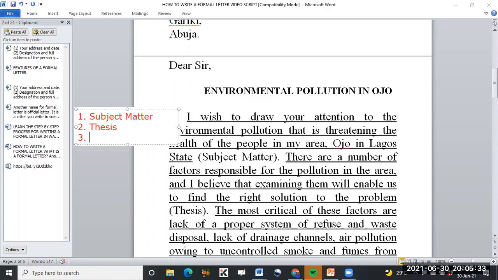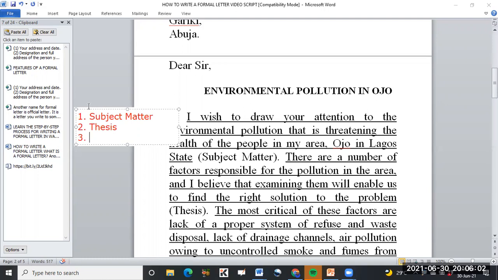That's the main idea, what exactly the writer is talking about in this letter. A thesis or a thesis statement is usually made up of a single sentence or perhaps a few sentences interrelated. But in most cases, it's always good to capture your thesis in one sentence.